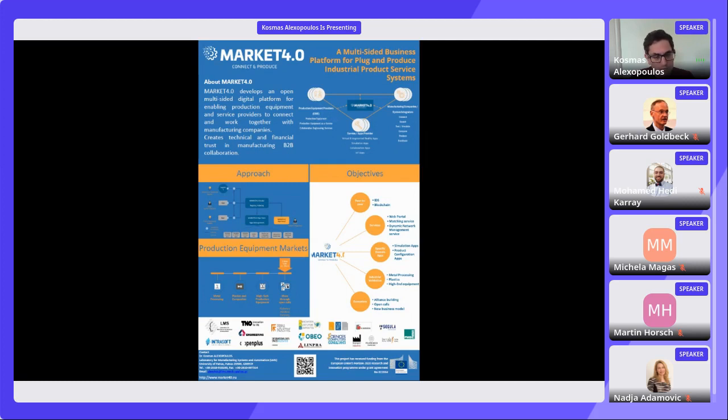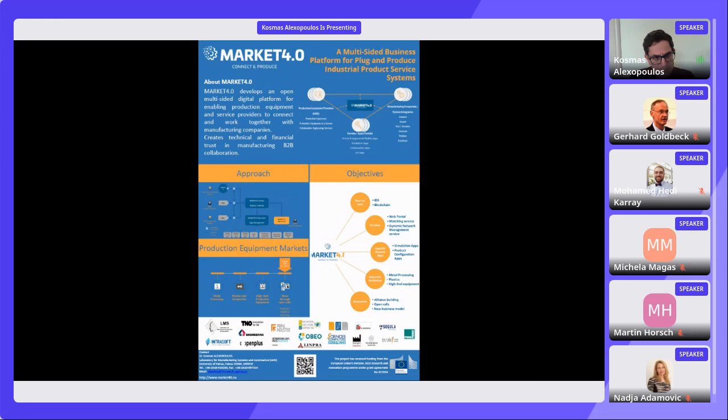For example, how to validate a technical solution that fits the customer, how to validate that you are within the budget limitations. All this requires digital tools, and requires data to be shared among those stakeholders.